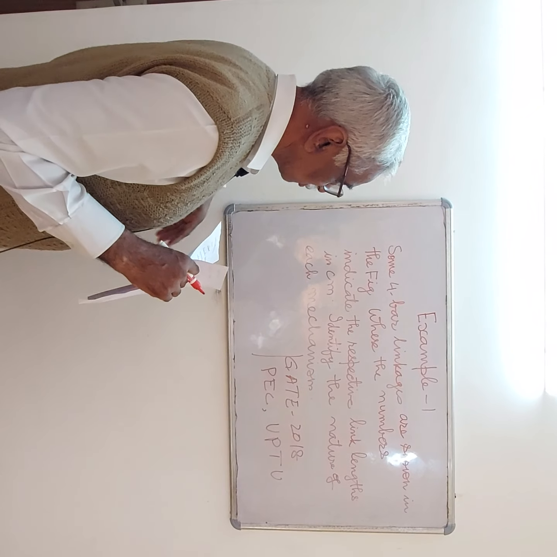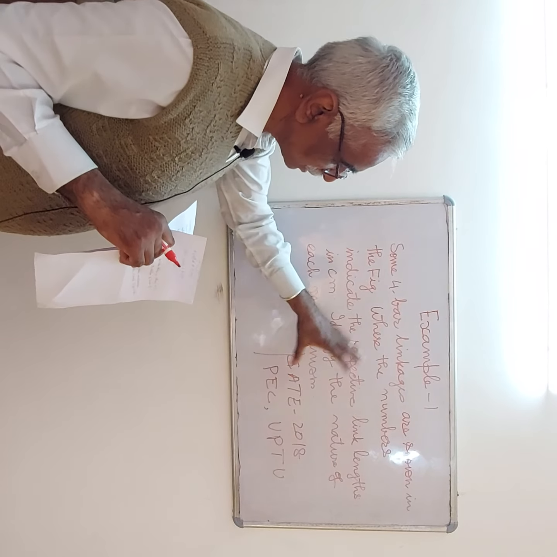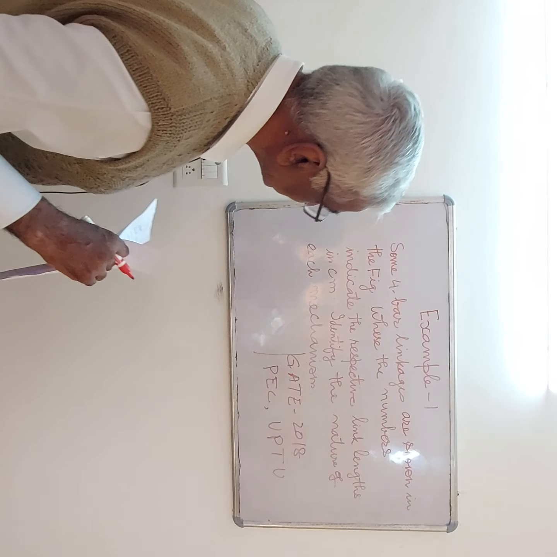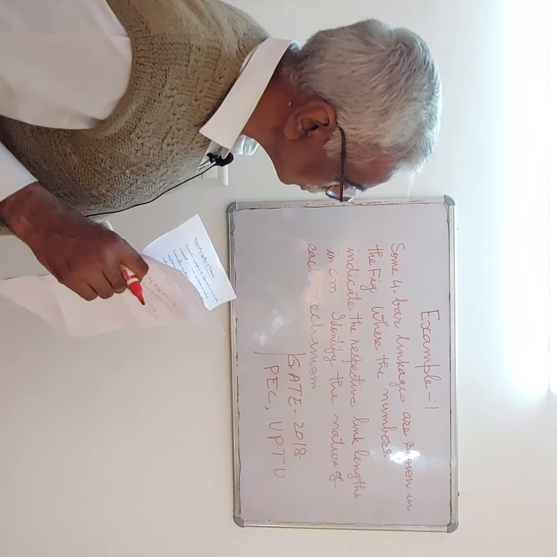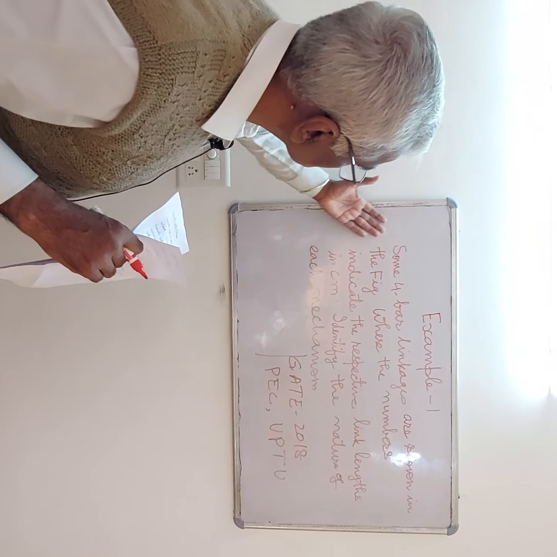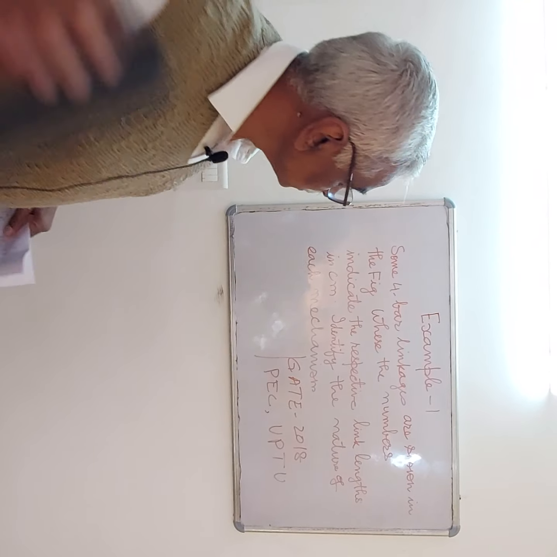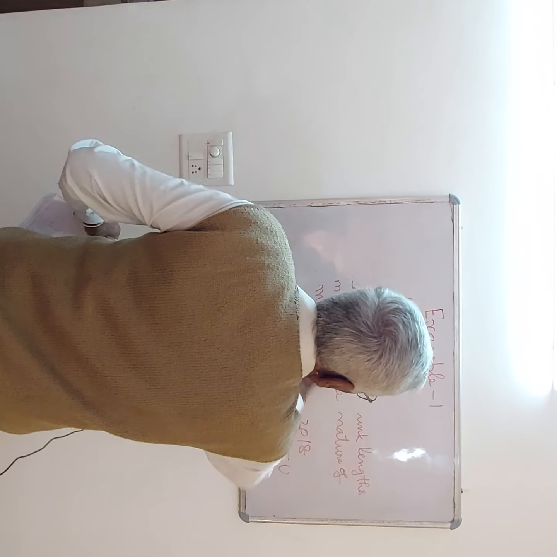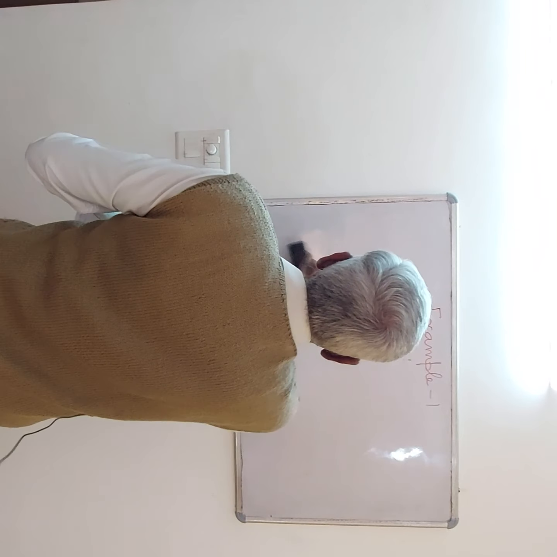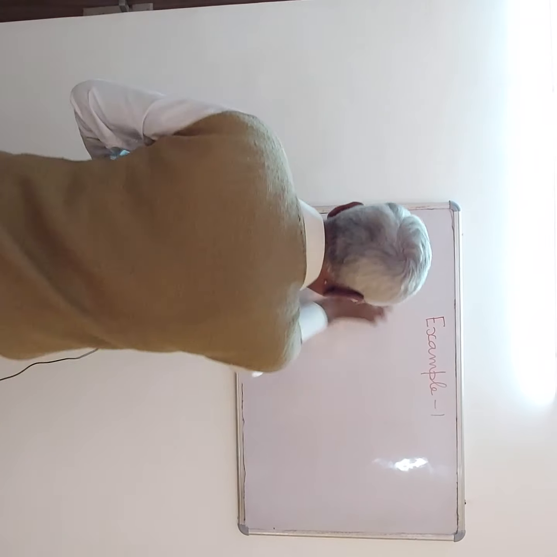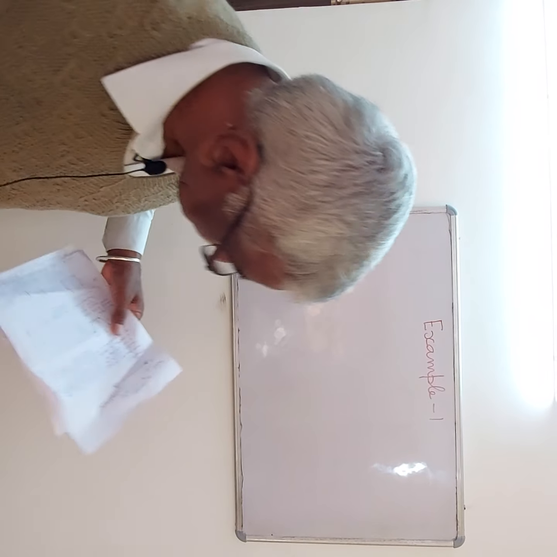You have to find it out. The question was asked in GATE in 2018, Punjab Engineering College, UPTU and various other universities. The problem is like this. The figures are as given.